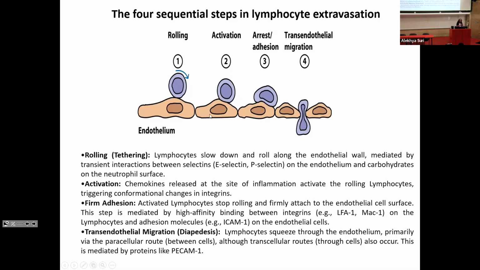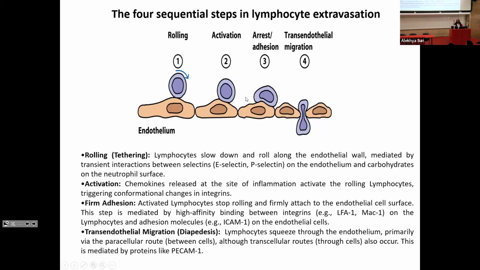What you need to remember is that there are effectors like chemokines that are secreted that then activate these rolling lymphocytes, okay? So they're bound here, but they're still not tightly bound. Now they become activated, and these activated lymphocytes stop rolling and firmly attach to the endothelial cell, okay? Once they firmly attach, they become arrested in their movement in the blood.